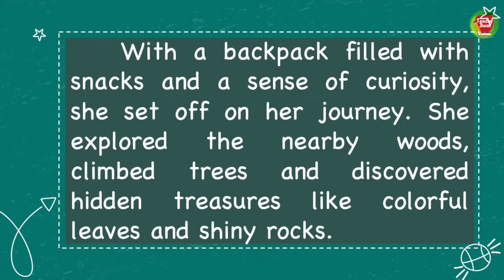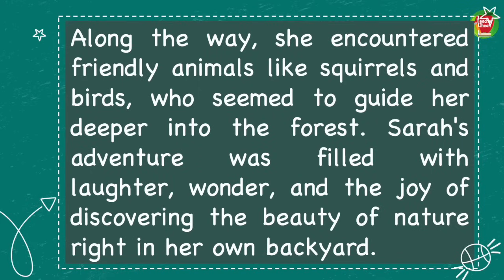She explored the nearby woods, climbed trees, and discovered hidden treasures like colorful leaves and shiny rocks. Along the way, she encountered friendly animals like squirrels and birds who seemed to guide her deeper into the forest. Sarah's adventure was filled with laughter, wonder, and the joy of discovering the beauty of nature right in her own backyard.